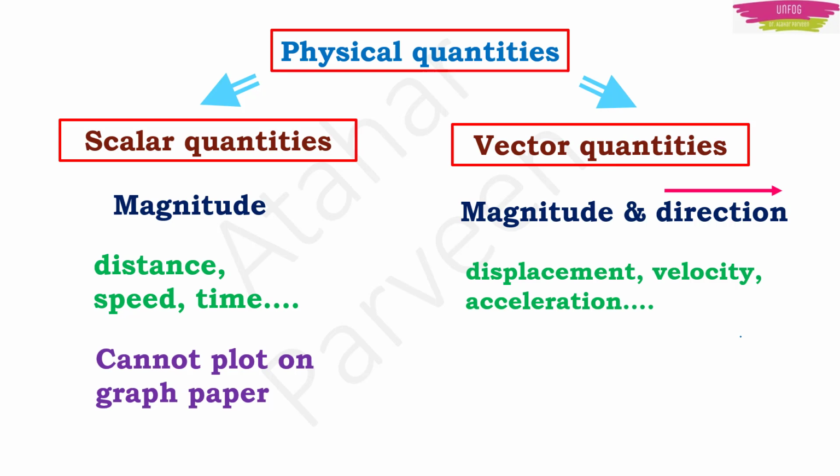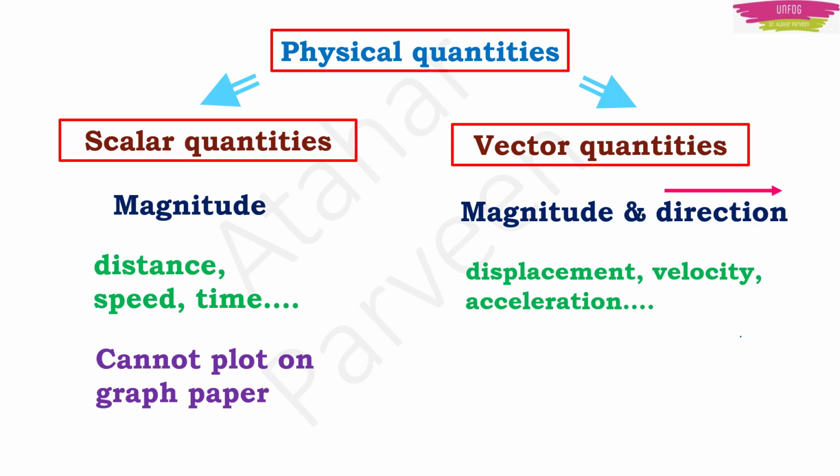Distance I can describe just by magnitude. Displacement I cannot describe just by magnitude. I need direction to describe it. Like that only, speed I can describe just by magnitude. If I add direction to that magnitude, that speed will become velocity. It is analogous. Distance is analogous to displacement and speed is analogous to velocity.